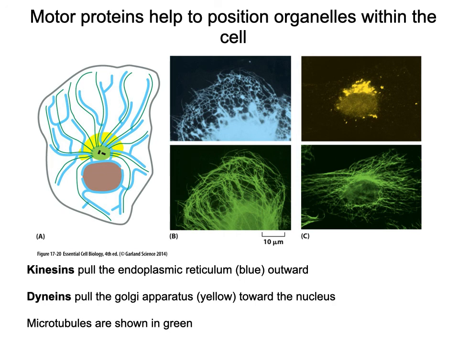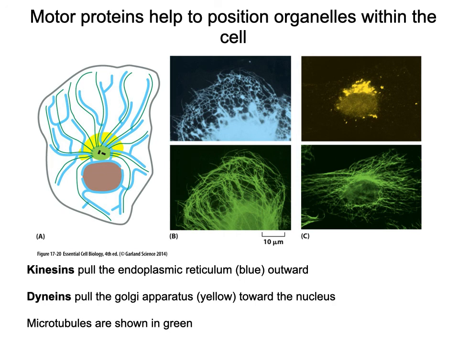So you can see how on this figure, the blue is going to be the endoplasmic reticulum. So kinesins are going to be moving that endoplasmic reticulum out away from the centrosome, away from the nucleus.